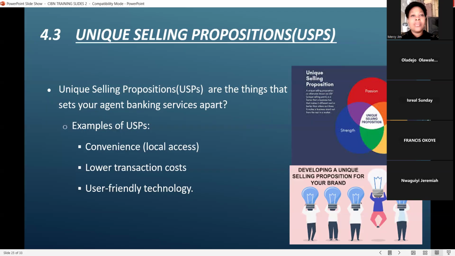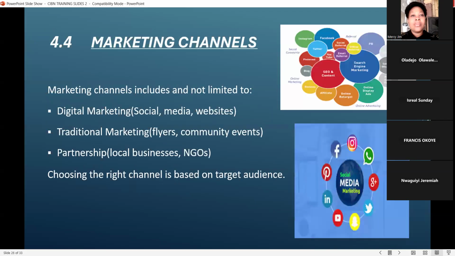And for what I'm withdrawing, I know POS will only charge me 400 or 500. I would rather use POS because it offers lower transaction cost. So regardless of the business we are doing, in agent banking, it offers lower transaction costs.